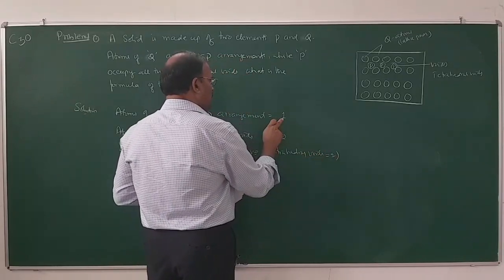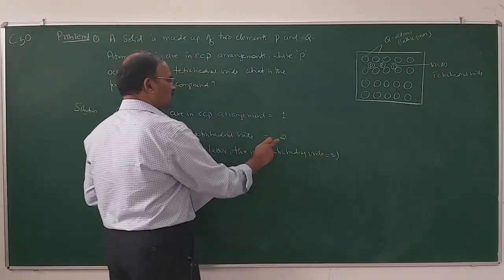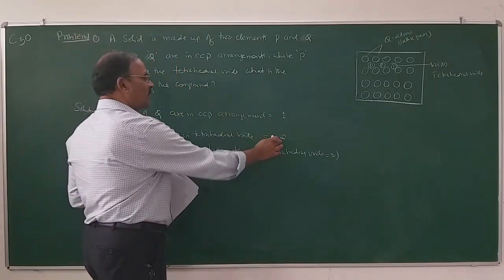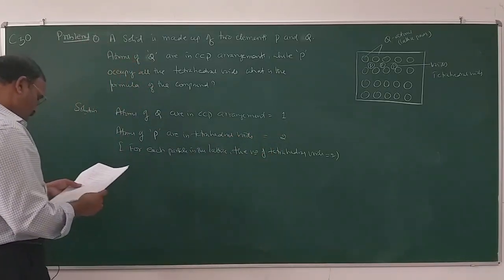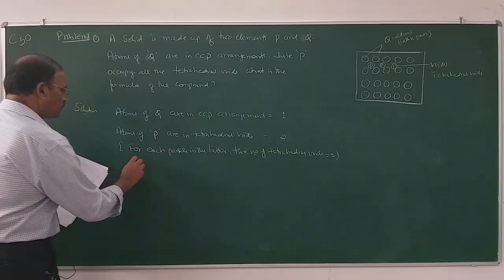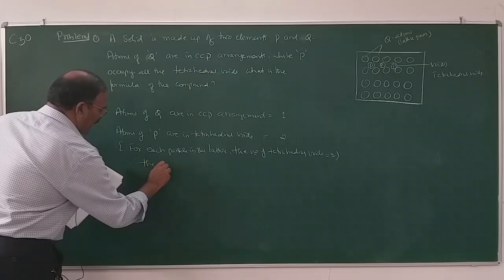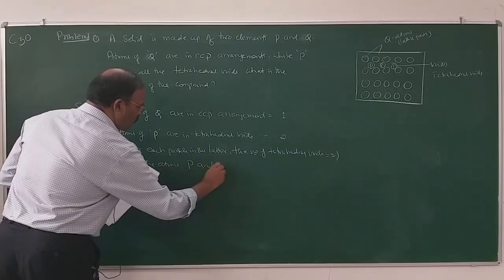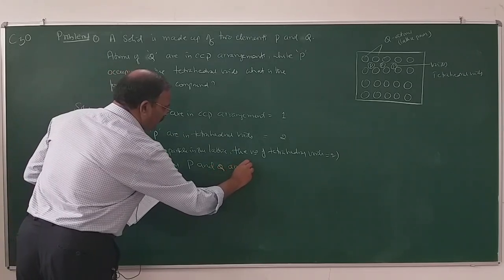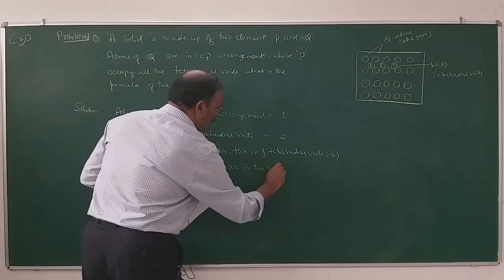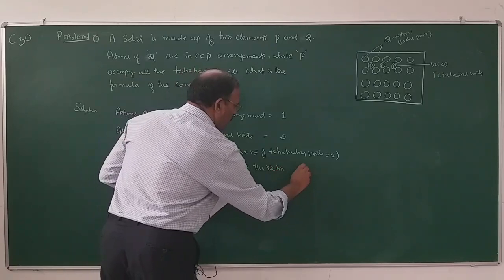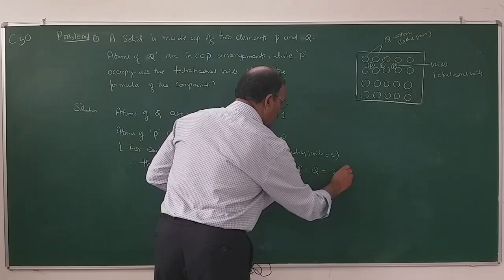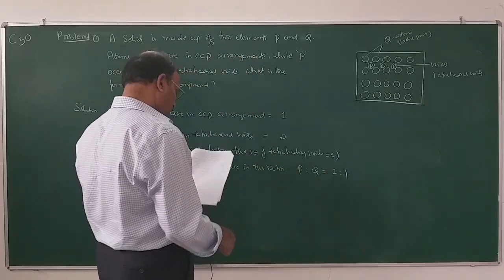Therefore, for each particle, the number of tetrahedral voids is equal to 2, and all the voids are filled by the atoms. Now, therefore, the atoms of P and Q are in the ratio P is to Q is equal to 2 is to 1.